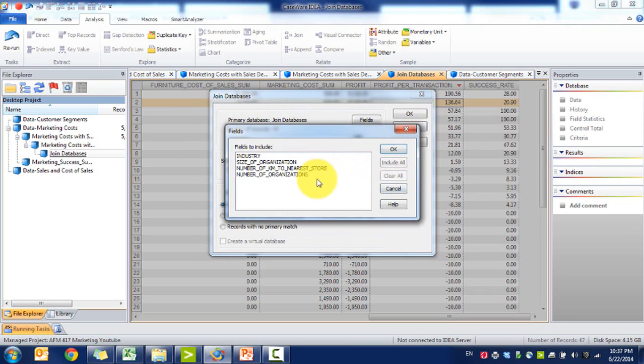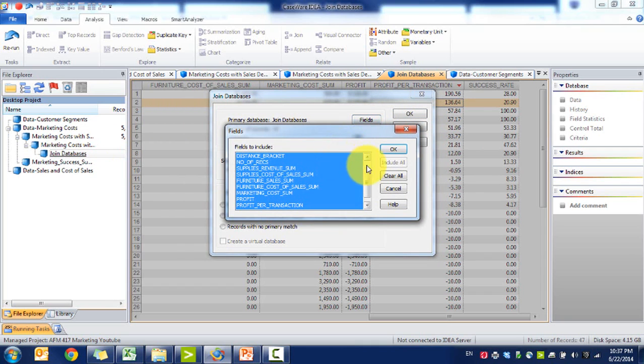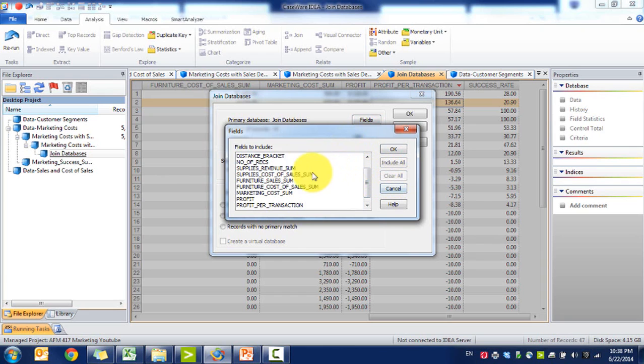And then essentially we just take this number of organizations, and we're going to call this profitability recalculation. Just to make this a little bit cleaner, we're not going to take everything. We'll just take the distance bracket, profitability per transaction, and the success rate. Let's bracket the industry, size of organization, distance bracket.